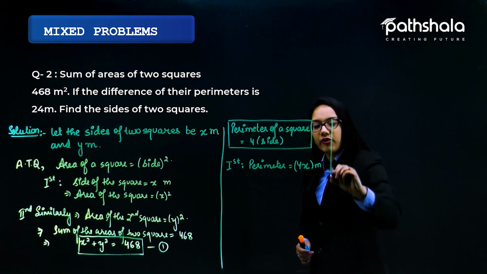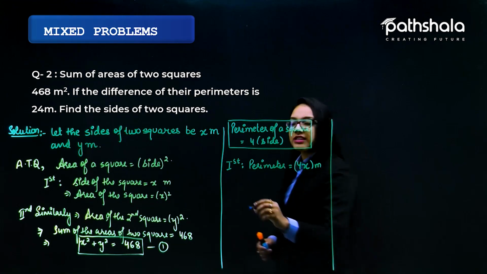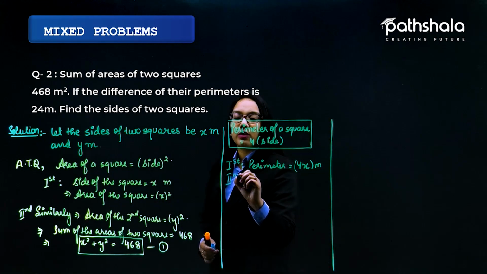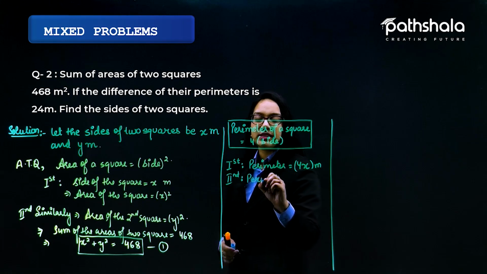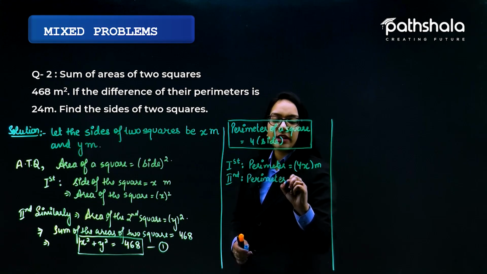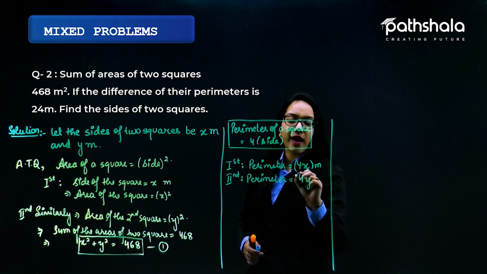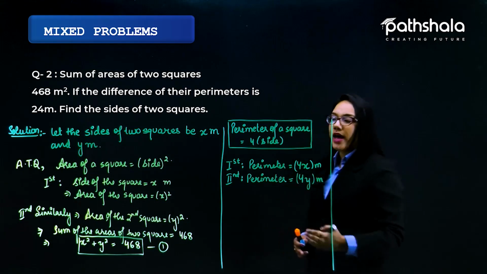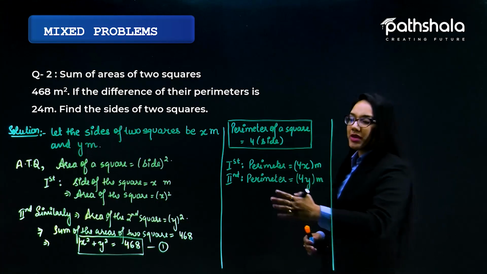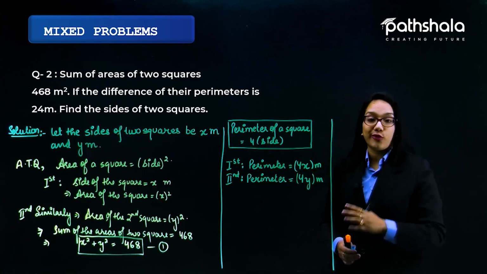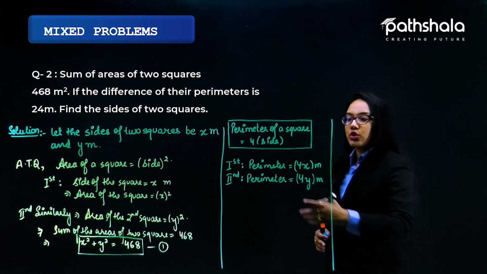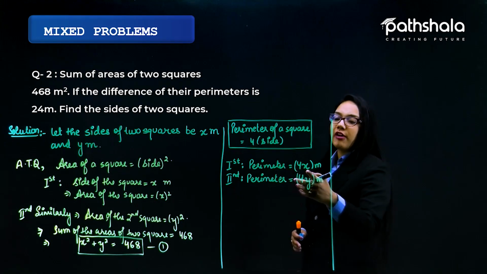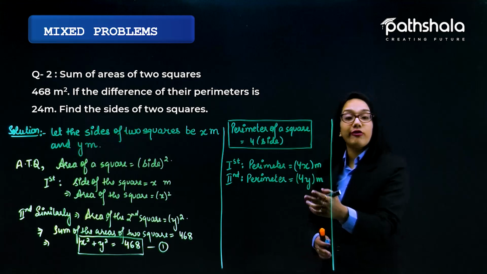And furthermore, the perimeter of the second square should be 4 into y meters, because the side of the second square is y meters. So for the first perimeter we have 4x, and for the second one we have 4y.